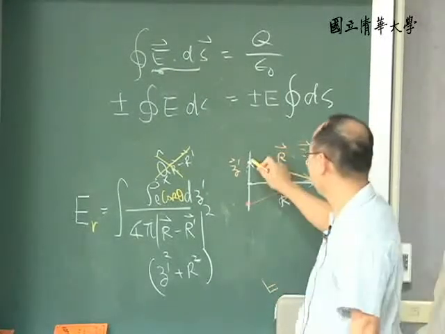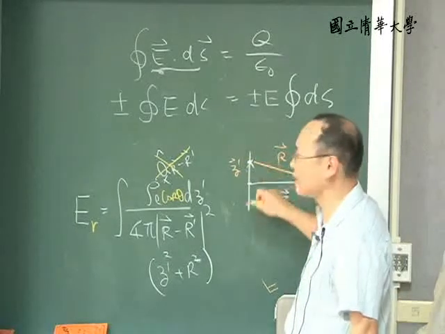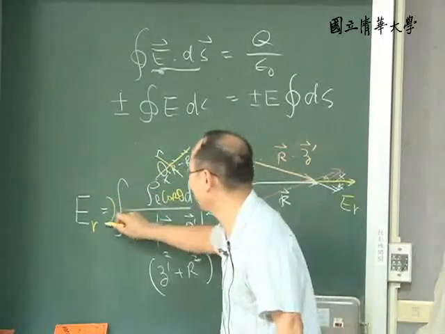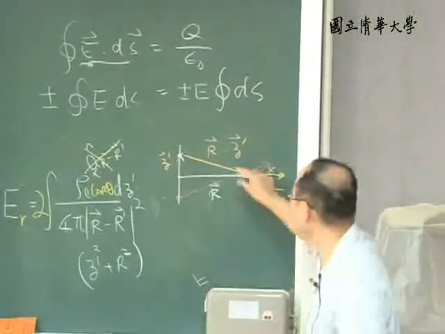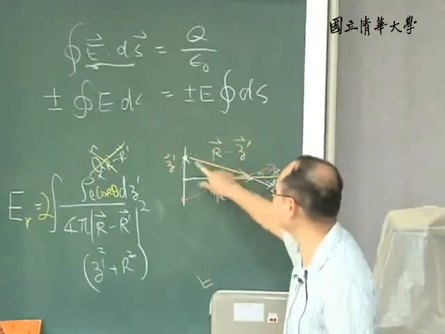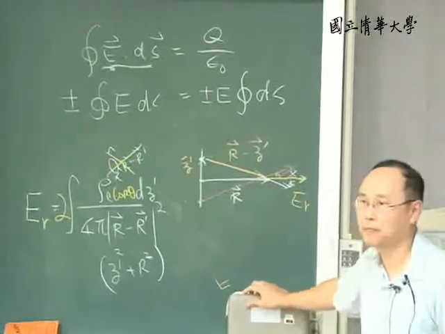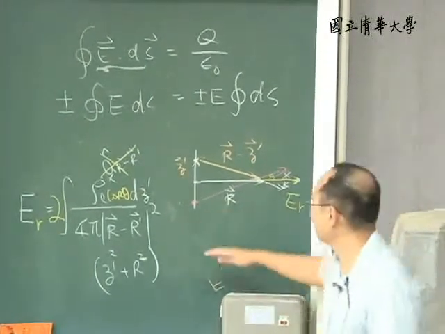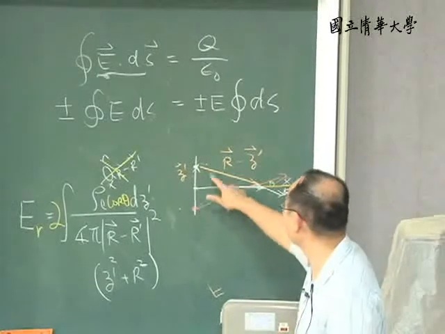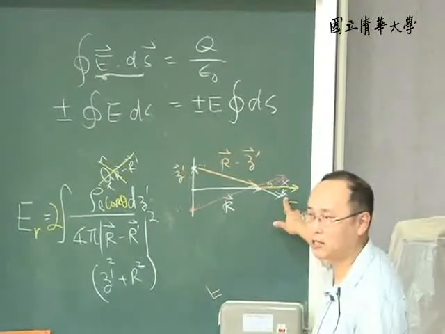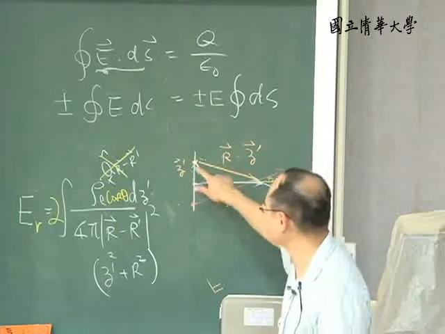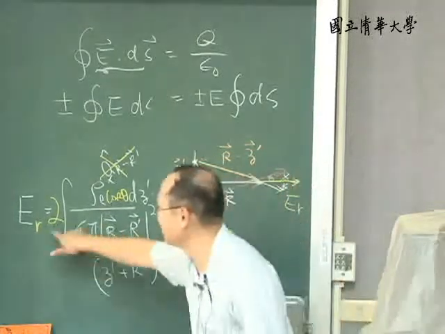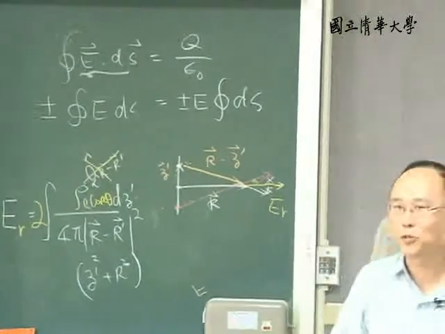But there are 2 points, up and down, so I have to multiply the whole thing with a factor of 2, because you sum over these 2 fields from the 2 symmetry points. So you first calculate the magnitude of the field coming from one point, project it onto this direction, and because there are 2 points, up and down, you multiply by 2. That's it. Very simple steps.